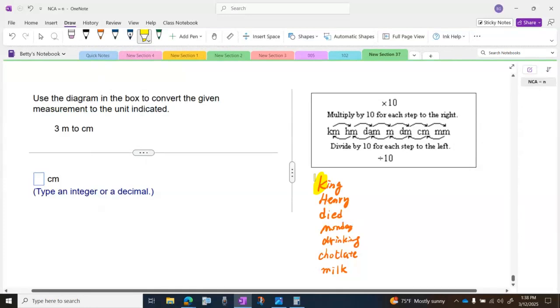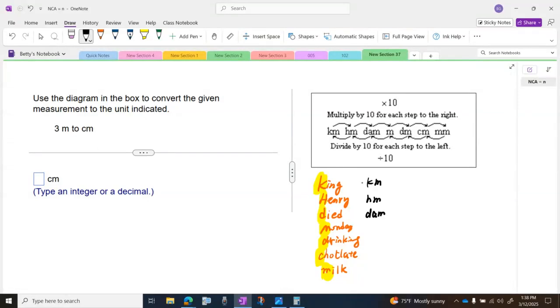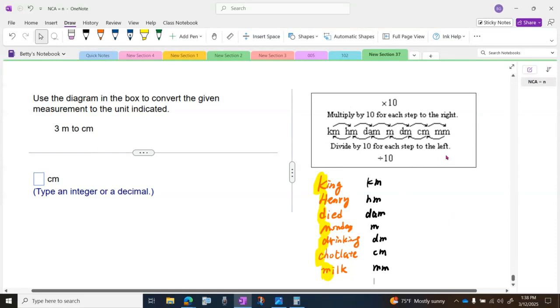King, km; Henry, hm; died, dam; Monday, m, just m; drinking, dm; chocolate, cm; milk, mm. So this is km, hm, dam, m, dm, cm, mm. It's just something that helps us remember this diagram.